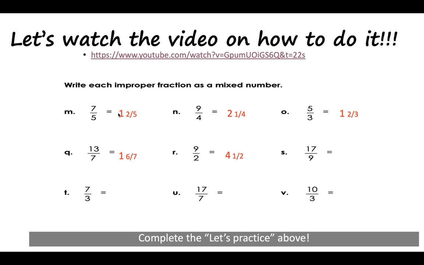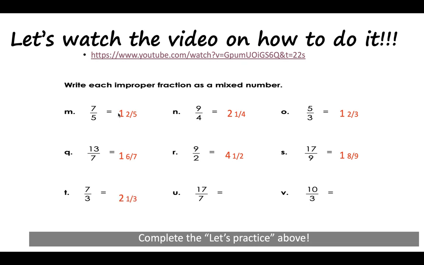17/9. How many times does 9 go into 17? It goes into 17 one time with 8 left over. So it would be 1 8/9. 7/3. How many times does 3 go into 7? 3 goes into 7 two times with 1 left over. And you get 2 1/3.